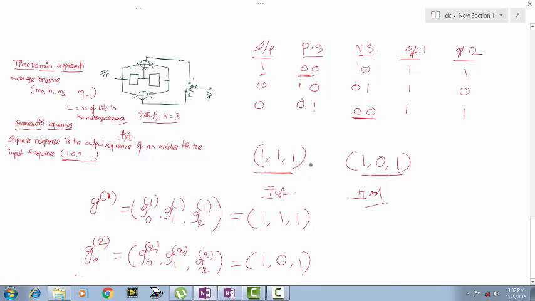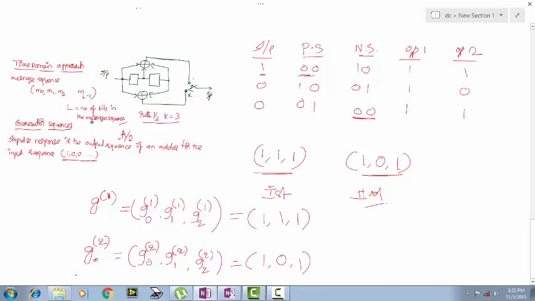So for the first adder, the generator sequence is 1, 1, 1, and for the second adder, it is 1, 0, 1. In order to perform the encoding procedure in the time domain approach, the first task is to find out the generator sequences.